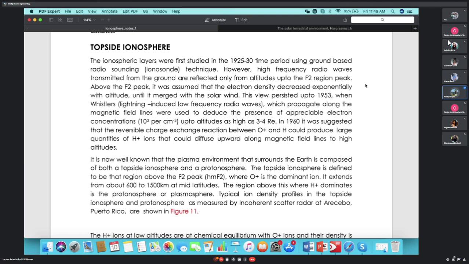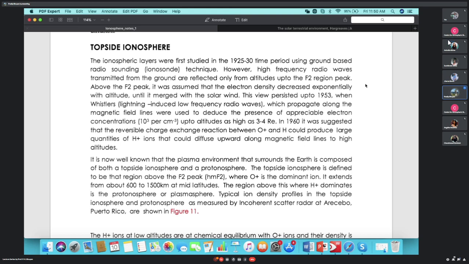That means the exponential ionosphere given by your theory, your understanding of production and loss mechanisms and also diffusion mechanisms, is not exactly true in the topside ionosphere. The ionosphere does not decrease exponentially throughout. It decreases exponentially up to a certain height, say 400-500 kilometers, and then it tends to remain nearly the same or slightly decreasing.